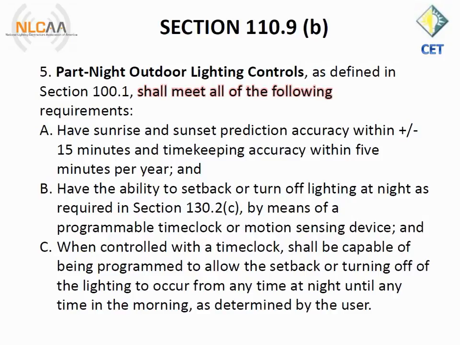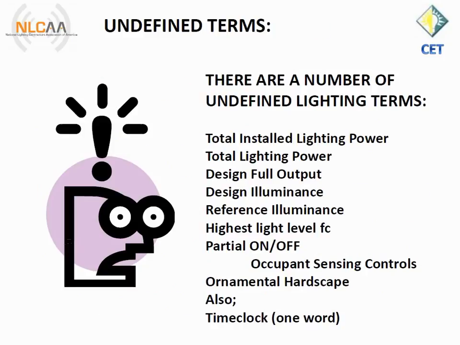Here's a number of terms that I find either poorly defined or just plain not defined. Actually, these are not defined. Ornamental hardscape's one of my favorite because they have lighting requirements for ornamental hardscape outdoors. Ornamental lighting is defined, hardscape is defined, but there's no such thing as ornamental hardscape in the definitions.